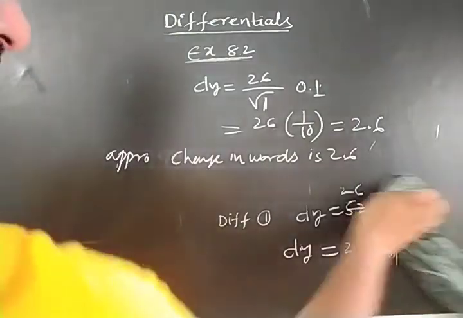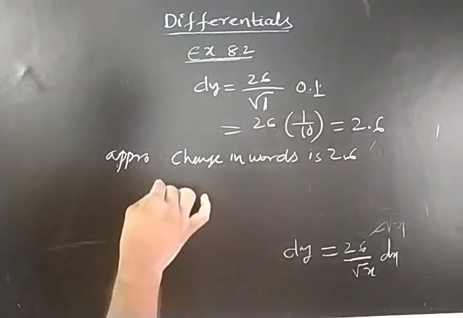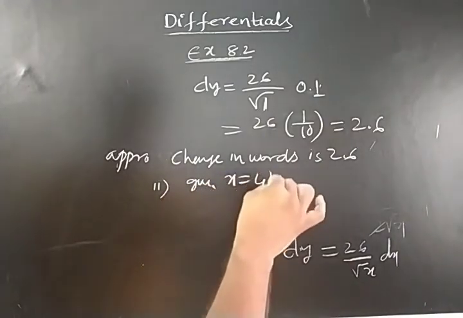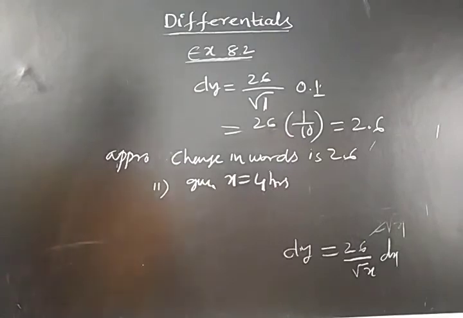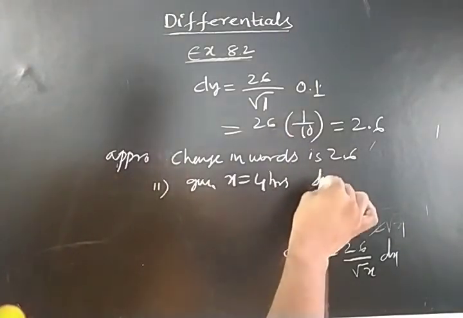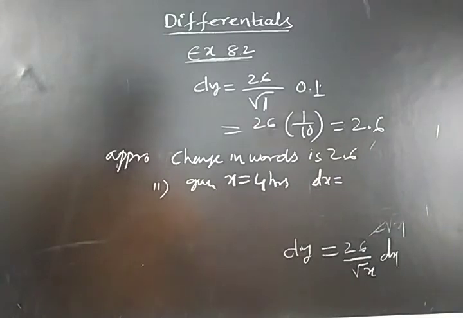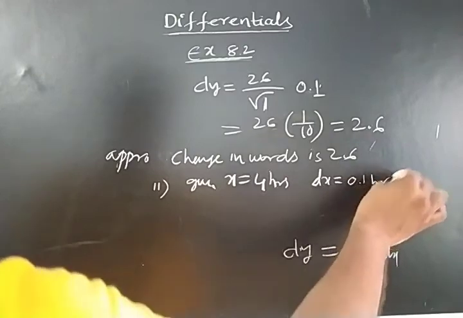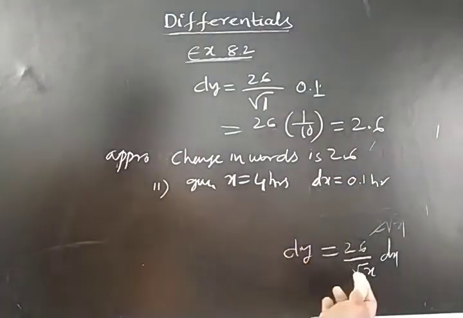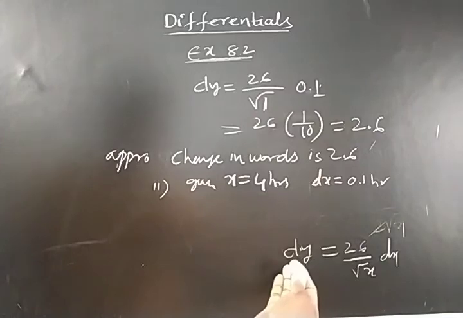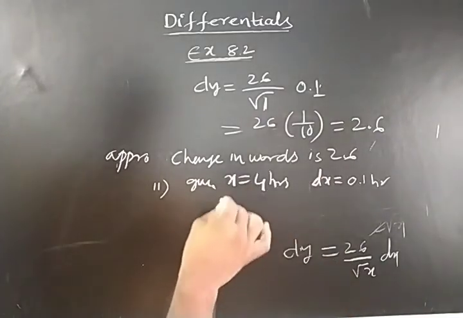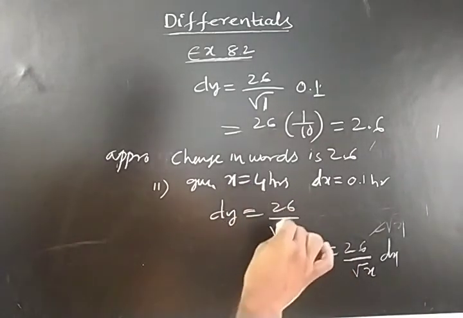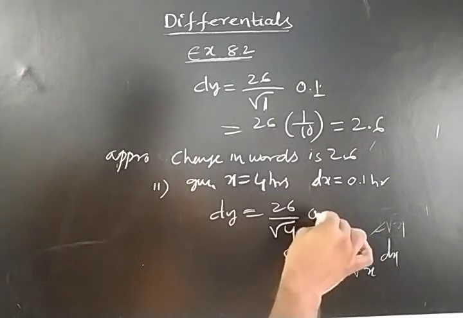For the second question again, what is given? Time x is 4 hours and it increases from 4 to 4.1 hours. So delta x or dx, both are the same. 4 to 4.1 means the increment here is 0.1 hour. Again I am substituting x and dx in this equation to get the change in y. Dy is equal to 26 by root 4, and dx is 0.1.